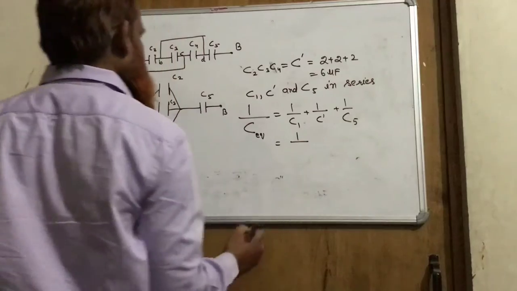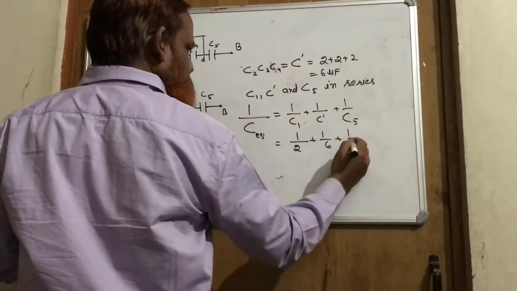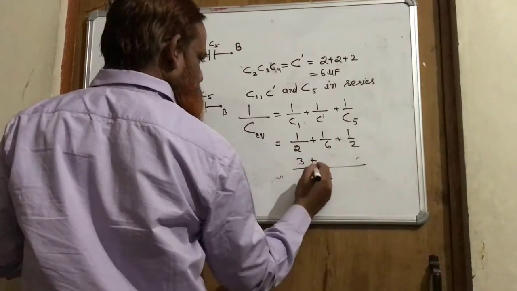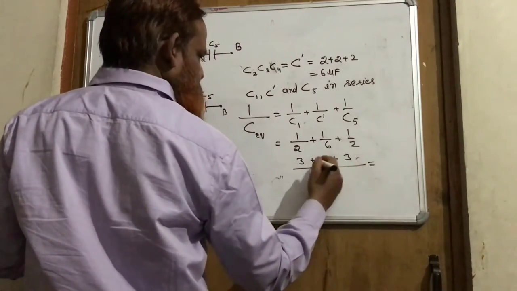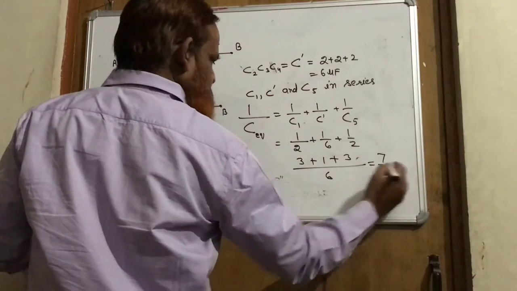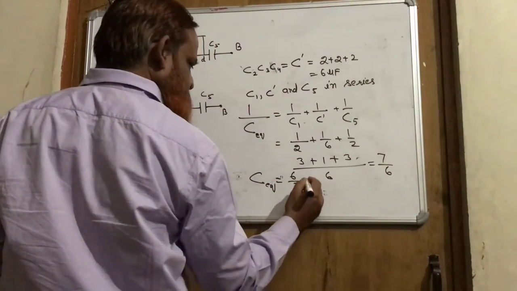It will be 1 upon 2 plus 1 upon 6 plus 1 upon 2. 6, 3 plus 1 plus 3, we will get 7 by 6. So C equivalent will be 6 by 7 microfarad.